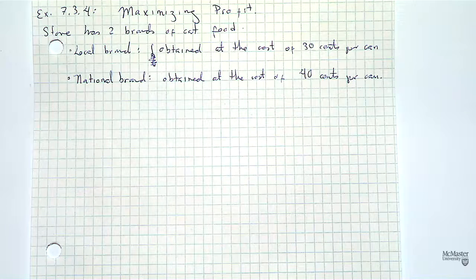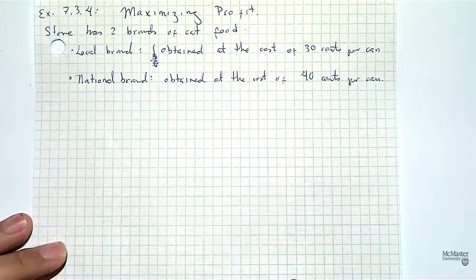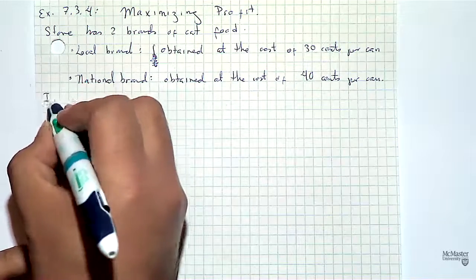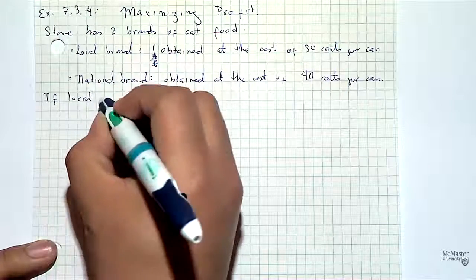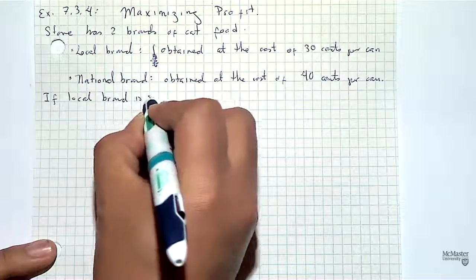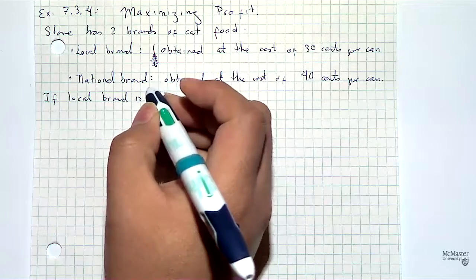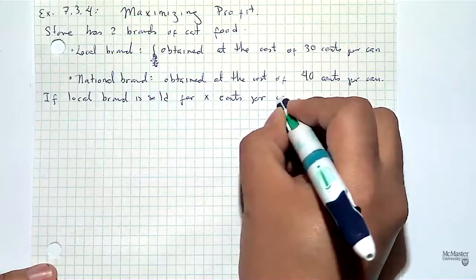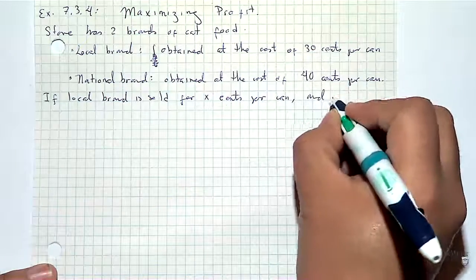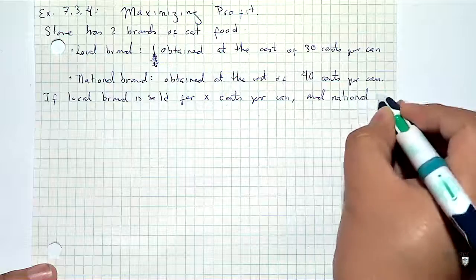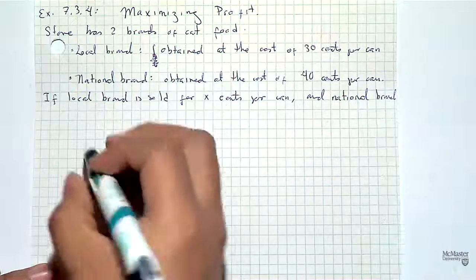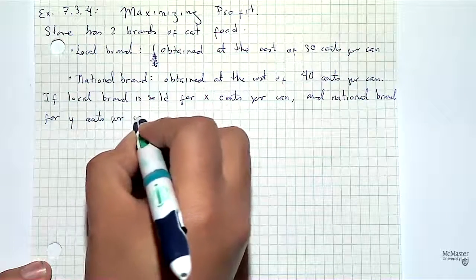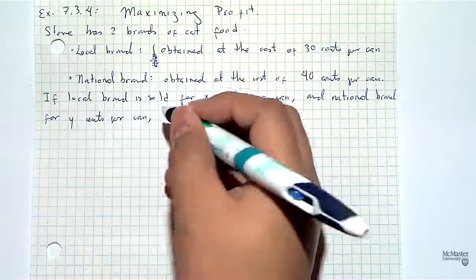So what I'm going to specify is the price at which I sell it. If the local brand is sold, meaning by me, the store, for x cents per can, and the national brand is sold for y cents per can. Now, somebody made a study.